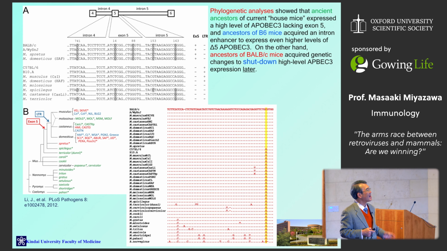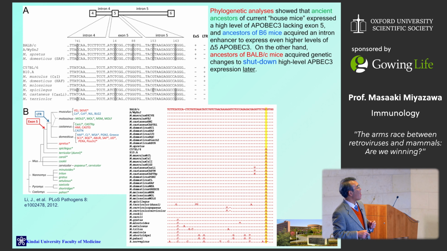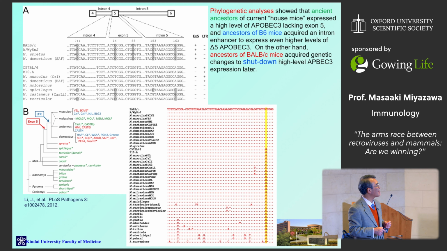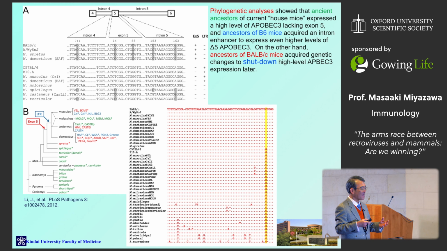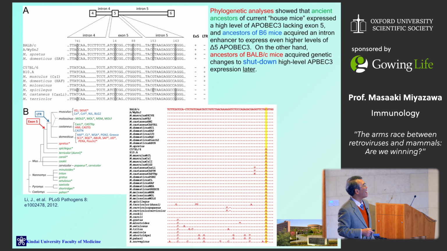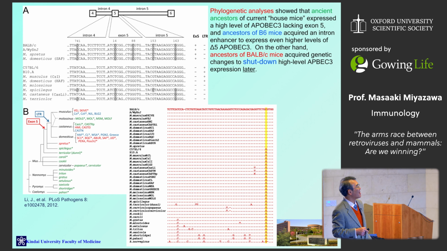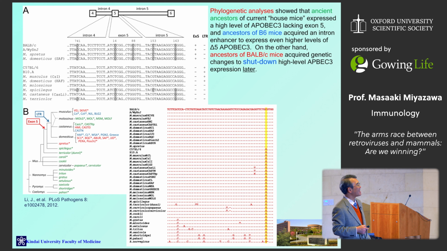So to test that, we sequenced all different wild mice. Okay, so there are many different species of mice that can be analyzed for genetic analysis by catching them in the field, and we compared the ApoBec3 sequence of many different species of mouse genera, and what we found was unexpected.